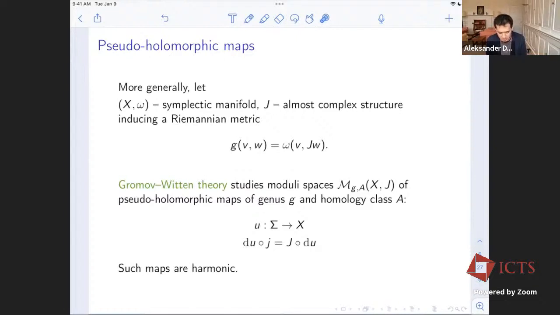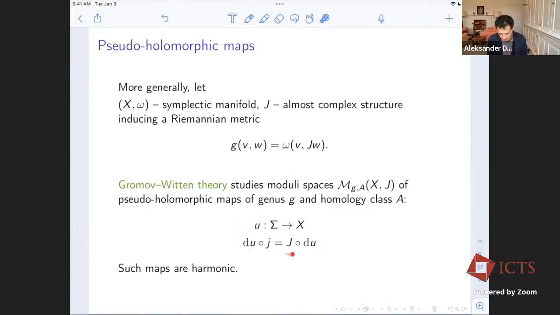And in fact, there's an infinite dimensional space of these J's, and this space of compatible J's is contractible, as shown by Gromov. So in some sense, there are many choices, but the choice up to homotopy is irrelevant. So then the idea is that instead of looking at holomorphic curves, you can look at a more general class of solutions to this nonlinear Cauchy-Riemann equation.